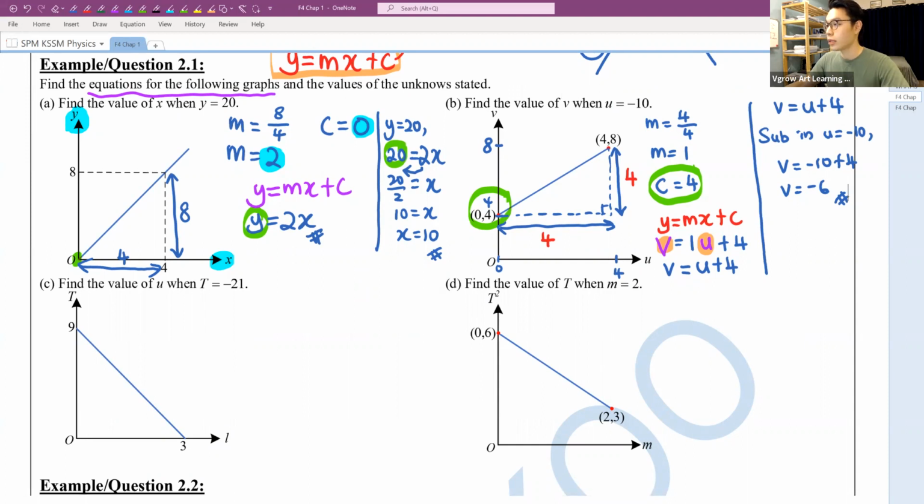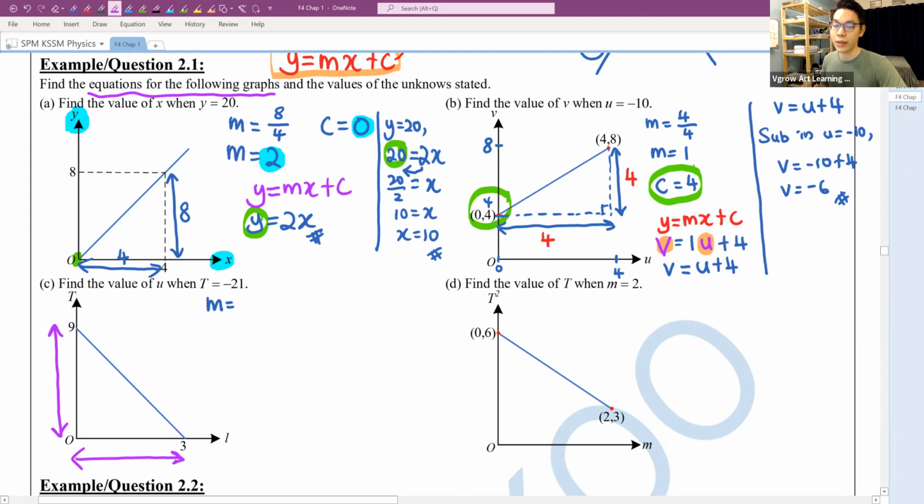In the next part, I want you guys to try doing the gradient. When you're done with part B, try to find out the gradient of this part C graph. You ask yourself, what is this distance divided by this distance?